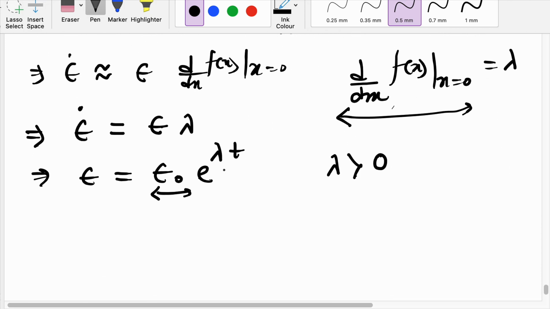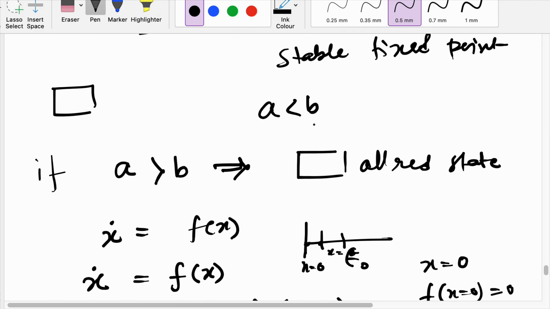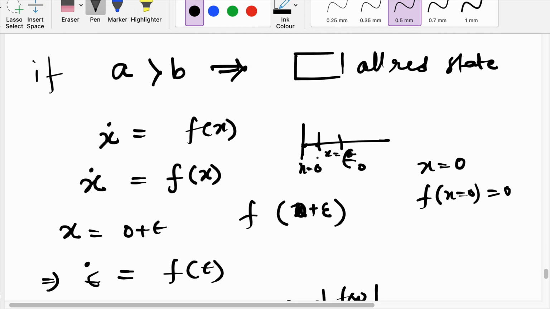Now if lambda is less than 0, that means epsilon of t is decreasing, like e to the power minus lambda t. So if I start from this epsilon 0, the system will decrease and come to this point. As time increases, my state comes closer to x equal to 0.